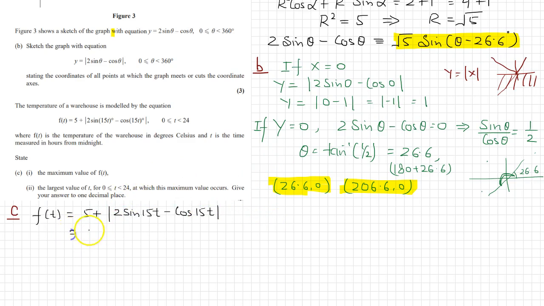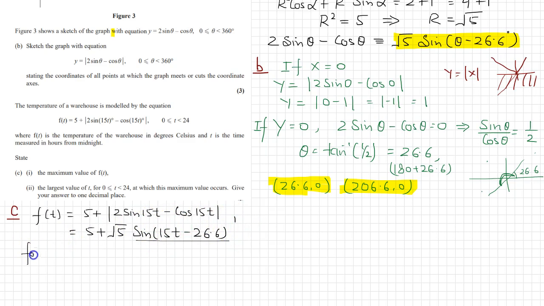So this can be written as 5 plus root 5 sine of (15t minus 26.6). Now this is a sine graph. For the maximum value of this sine graph, this value must be 1.